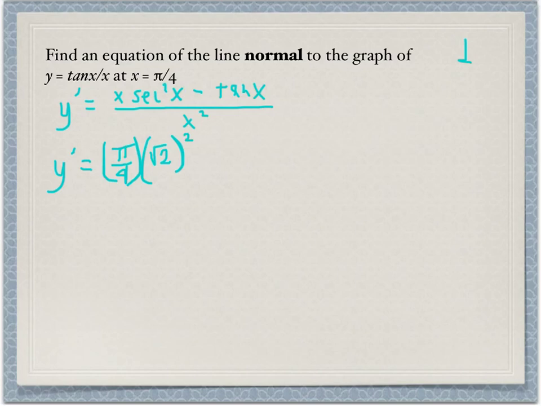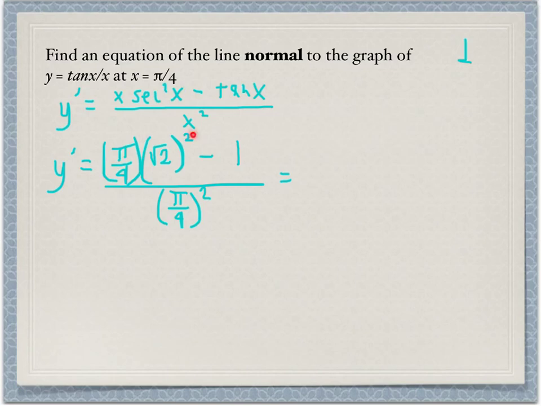So we got the square root of 2 squared, and of course the tangent of 45, you may remember, is 1. And then I still have to put that pi over 4 in place of this x, so I get pi over 4 squared. Now, can I simplify that, because that looks like kind of a bear cat? Well, I think so.